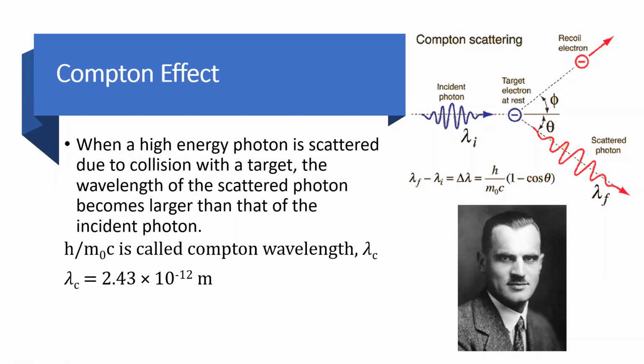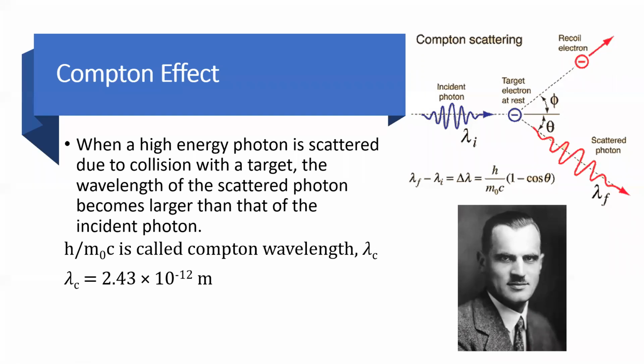Here you can see the electron gets recoiled. So the electron is moving. From where did the electron get its kinetic energy to move? From the photon. Yeah, from the photon.